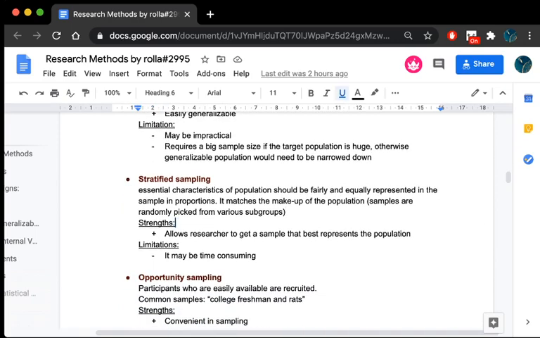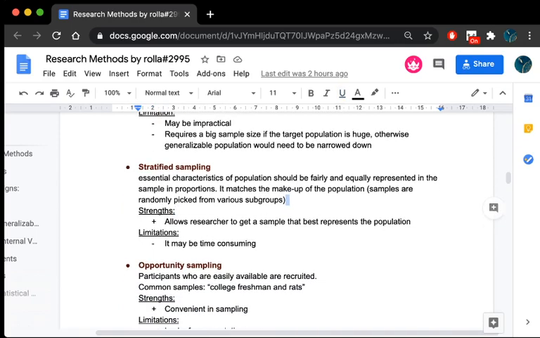And then we have stratified sampling. You take the essential characteristics of the population, measure the percentage of those characteristics, and try to represent them proportionally in the sample that we're going to have.